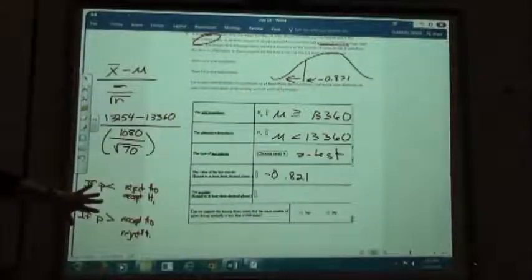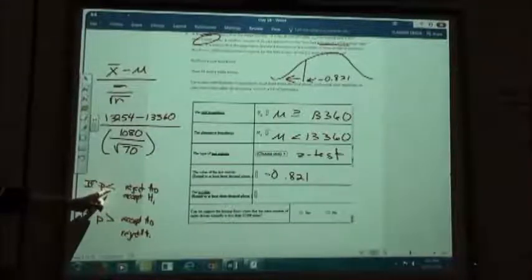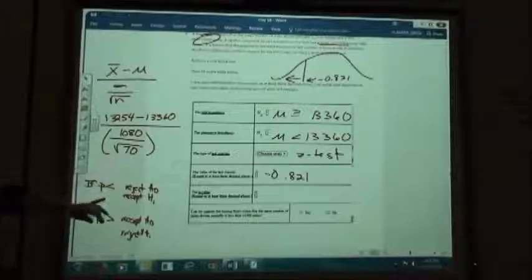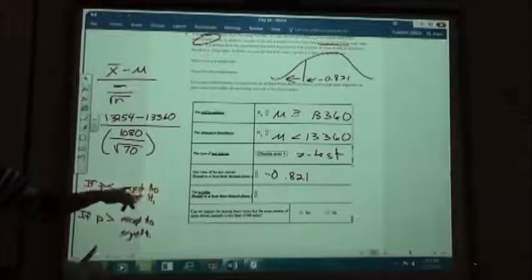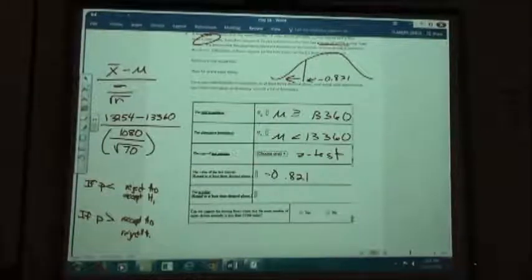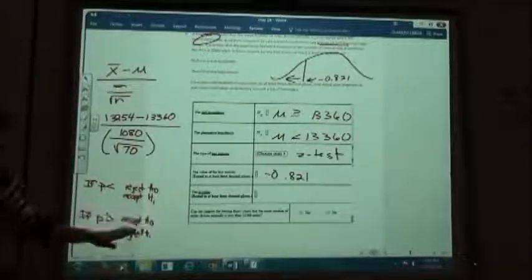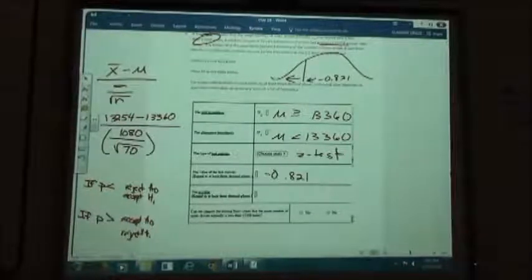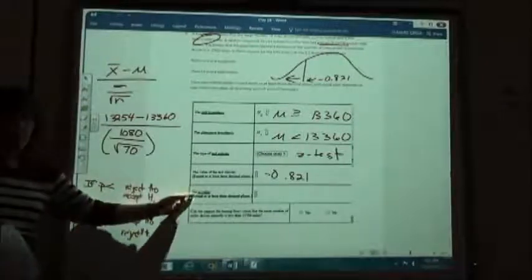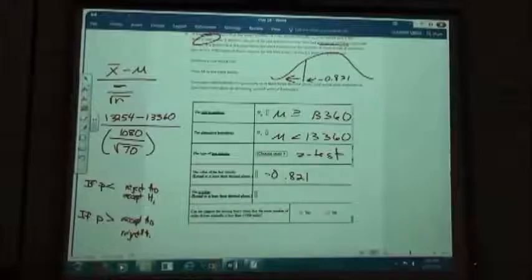So on problem number 7, which you missed out on, we had this. If my p-value is less than the test value, we would reject the null and accept H1. If the p-value is greater than, we accept the null and reject H1. We have to first find our p-value. This is what we were doing last week.